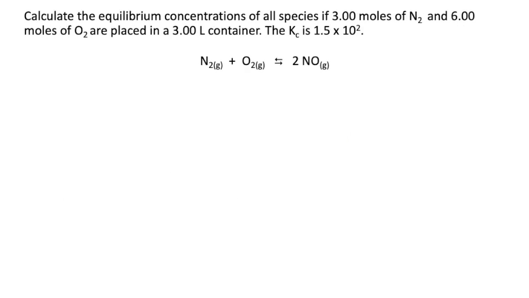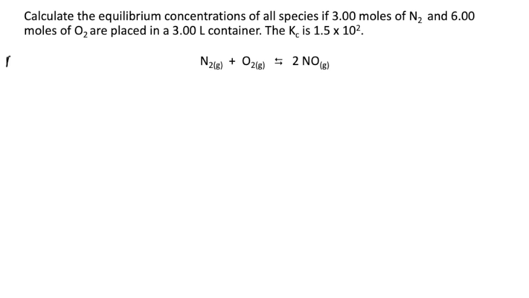This next question asks us to calculate the equilibrium concentration of all species if 3.00 moles of N2 and 6.00 moles of O2 are placed in a 3.00 liter container, and it gives us the Kc of 1.5 times 10 to the second. The amount of N2 and O2 are given to us in moles, and remember it has to be molar in order to plug into our equilibrium expression.